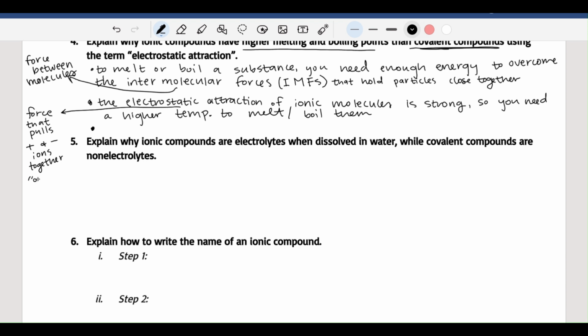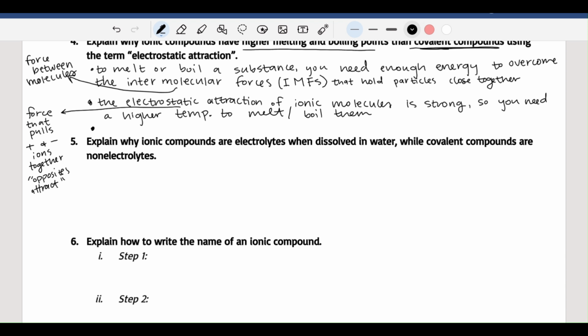Or, as we say all the time in this class and in life, opposites attract. Okay, so electrostatic attraction is the force that pulls the positive and negative ions together. And that's what keeps ionic compounds being a compound and not being separate ions.